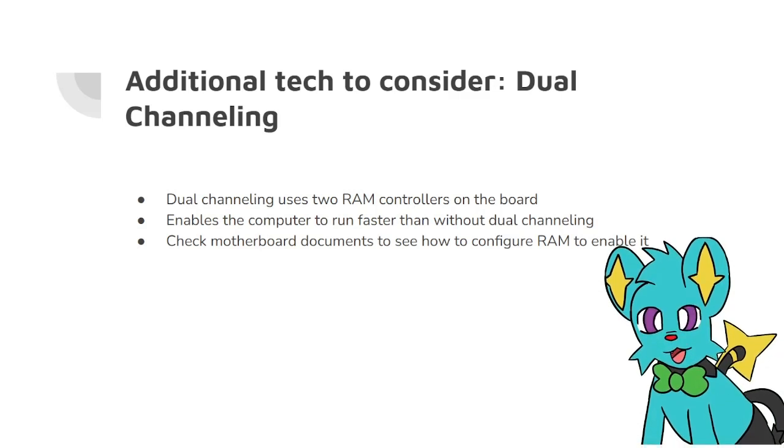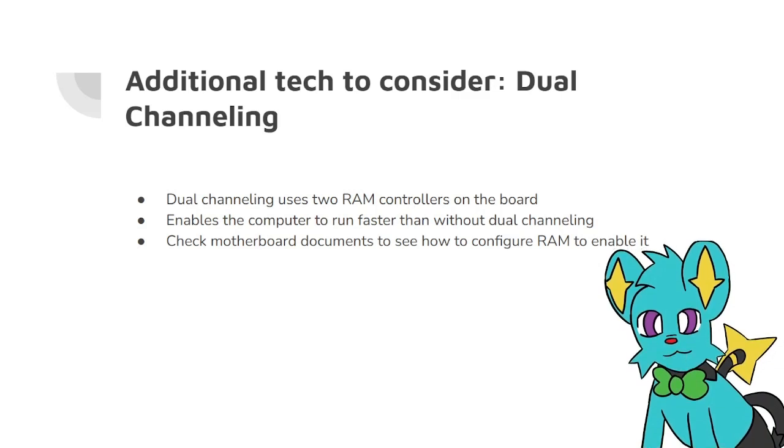And if you place one in each, then it will configure dual channeling using both of those controllers to increase speed. However, the configuration may be different, so check the motherboard. If you want to do dual channeling, check the motherboard to see what it is configured for to use dual channeling.